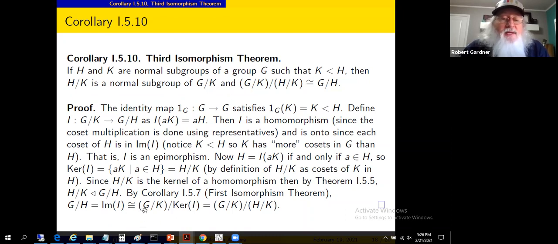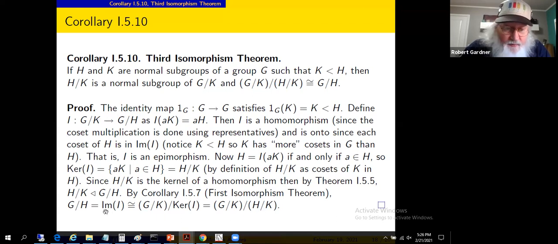So we get G mod K, right? We hit the domain over here of the homomorphism mod the kernel of the homomorphism. And we just showed the kernel of the homomorphism is H mod K. Take the kernel of homomorphism I, replace it with H mod K. That pops up over here.